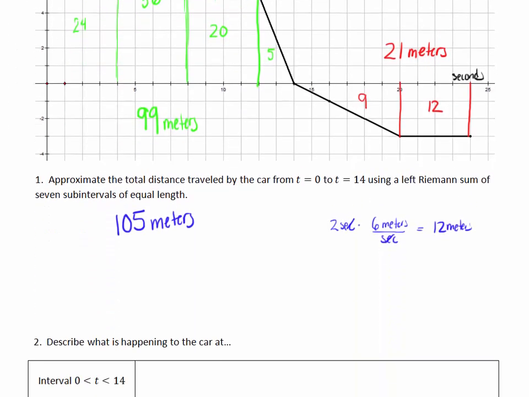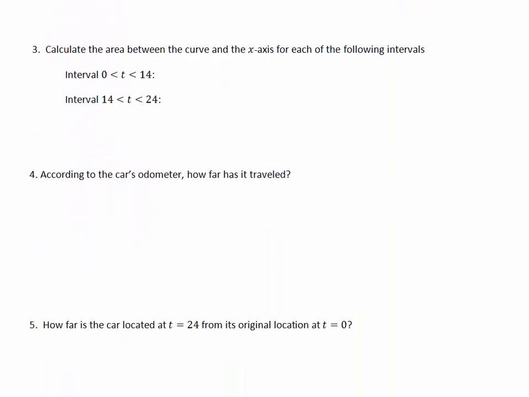Okay, let's take a look at problem number 4. All right, so for problem 3, we came up with answers of 99 and 21. Question 4 says, according to the car's odometer, how far has it traveled? So it traveled 99 meters in one direction, and then it came backwards 21 meters.